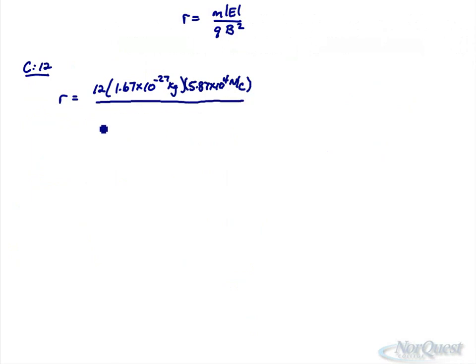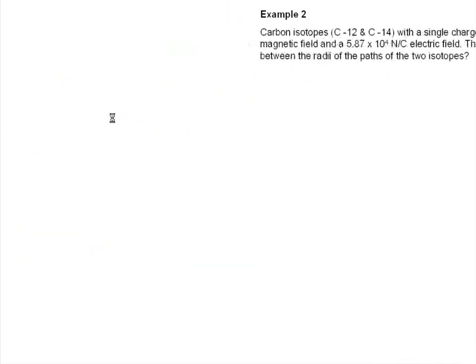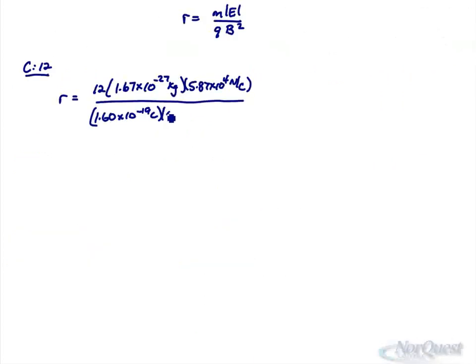These were singly charged, 1.60 times 10 to the negative 19 coulombs. And the magnetic field, 4.73 times 10 to the negative 1 Tesla. We're going to work out R for C12. Then we're going to work out R for C14.